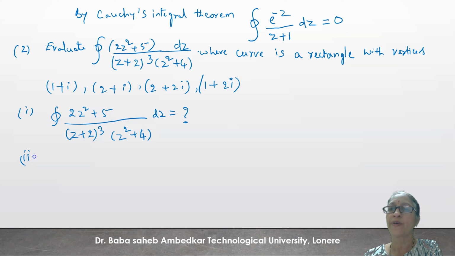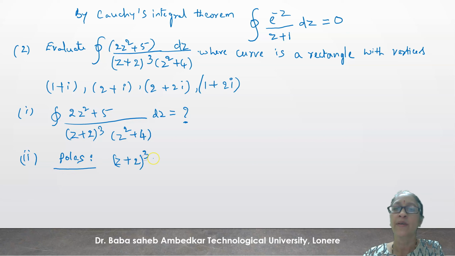So first we have to find the poles by equating the denominator to 0. How do you find these poles? Equate (z plus 2) whole cube to 0 and also z square plus 4 to 0.